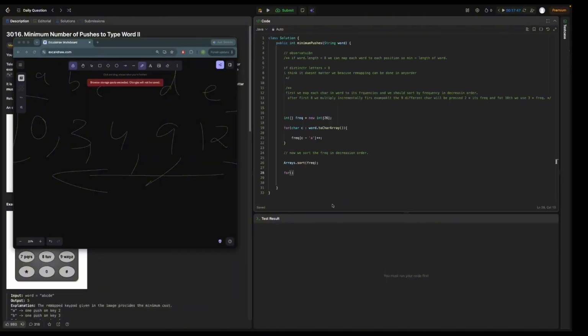For integer pointer equals frequency dot length, while pointer is greater than 0, pointer minus minus. If I start the multiplier, I want to do it like this.